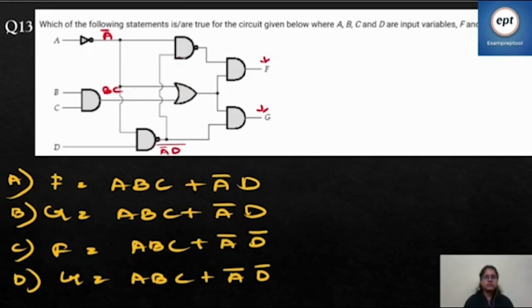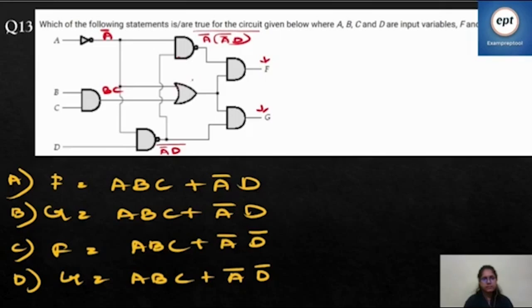Now this output is connected to here. So it will be A bar D whole bar, and the whole bar because this is NAND. And what will be the output of this gate? This will be A bar itself.